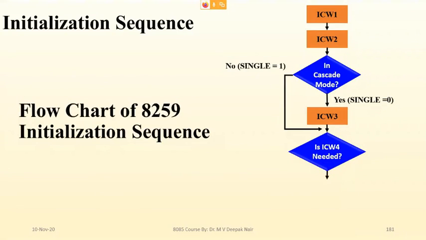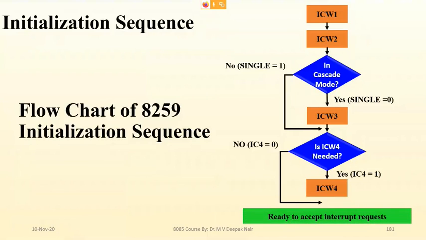Again it will be checked whether ICW4 is needed or not, and that is mentioned in ICW1 itself. The D0 bit of ICW1 will tell whether ICW4 is needed or not. If needed, we will pass it. Otherwise, we can bypass ICW4 also. And then only is the system ready to accept interrupts.